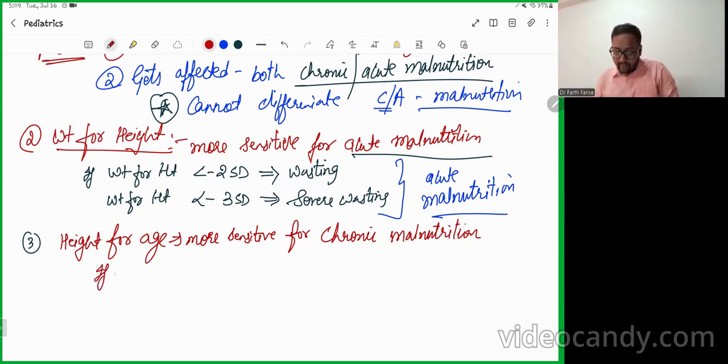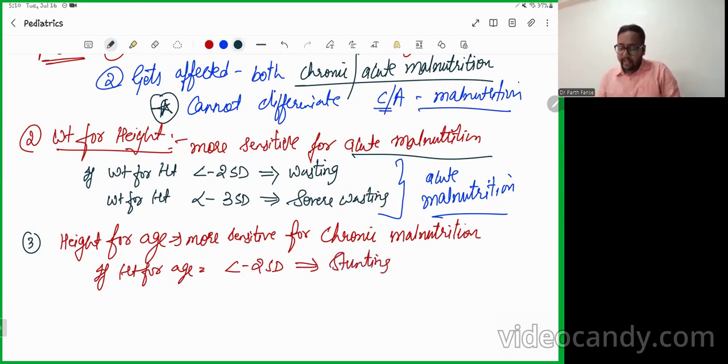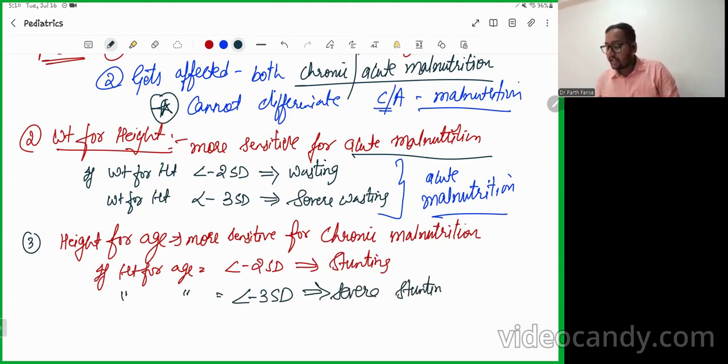If height for age is less than minus 2 standard deviation, we call it stunting. And if height for age is less than minus 3 standard deviation, we call it severe stunting. So whenever you're using the word stunting, it is more reliable for chronic malnutrition.